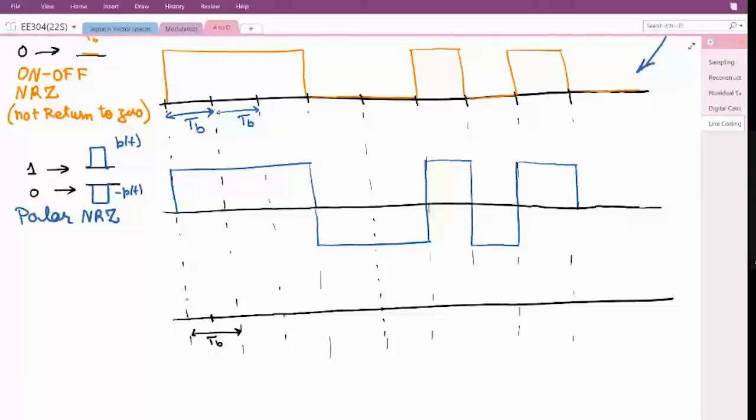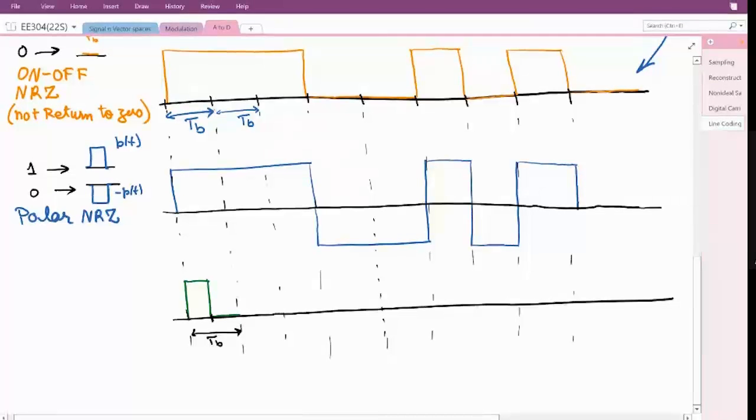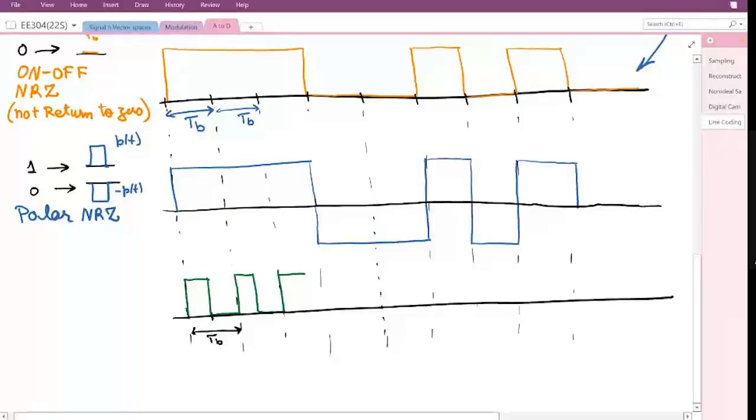How is this going to look? It is going to be a pulse like this, even for 3 consecutive ones. It will always be a pulse like this, where in the second half of the duration, it returns to zero.